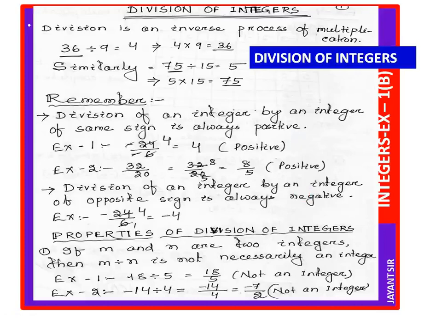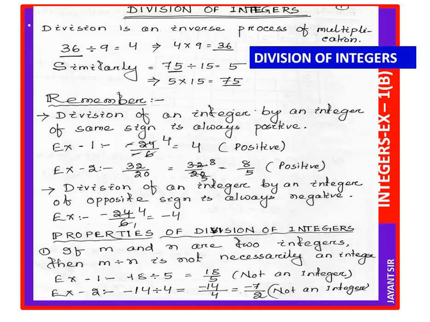Division of integers. Division is an inverse process of multiplication. For example, to divide 36 by 9 means to find an integer which on multiplying with 9 gives 36.